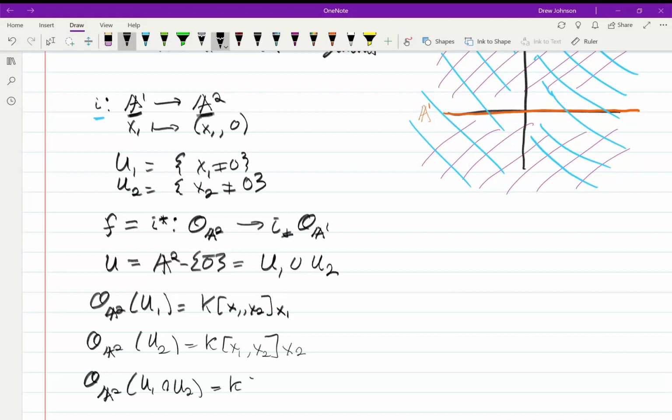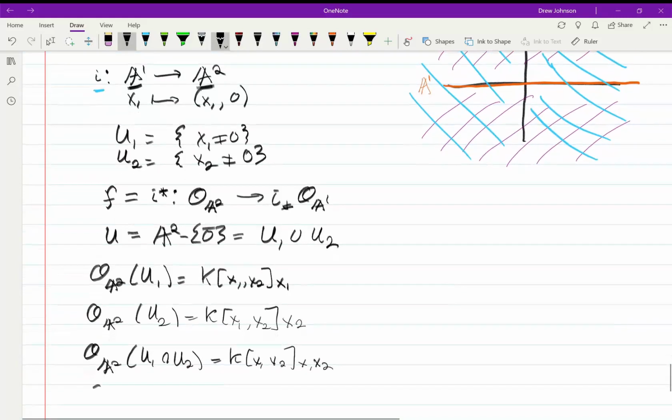In that case, you have to localize at both x1 and x2, or you can just say x1 times x2. And then finally on all of U, I think we saw early in this class that every regular function defined everywhere except on a set of codimension 2 or greater is actually a regular function. So this is the whole polynomial ring.